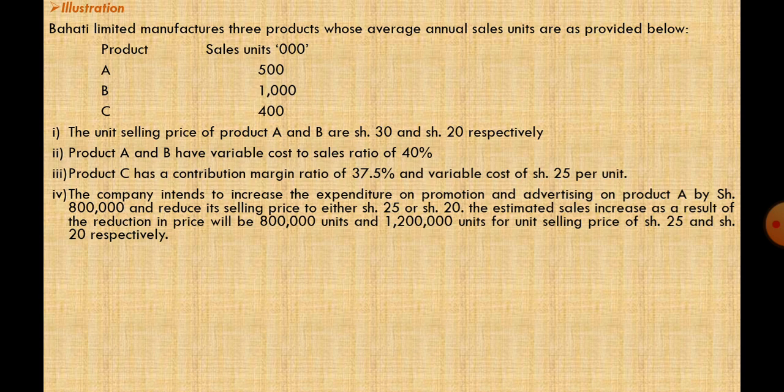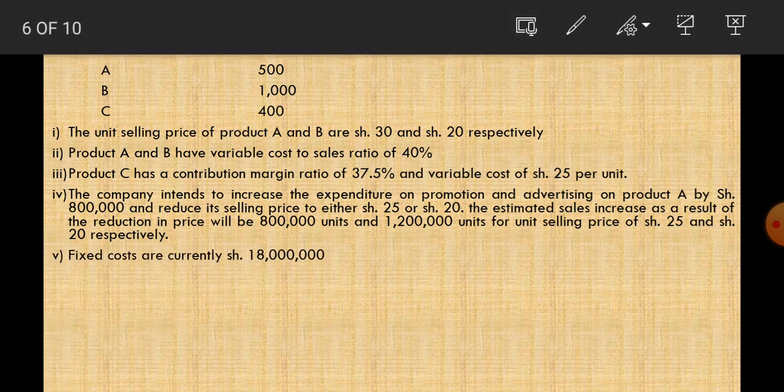The estimated sales increase as a result of the reduction in price will be 800,000 units and 1.2 million units for unit selling prices of shillings 25 and shillings 20 respectively. Then you are also told that the fixed costs are currently shillings 18 million.